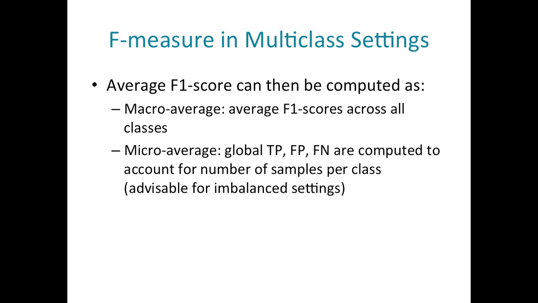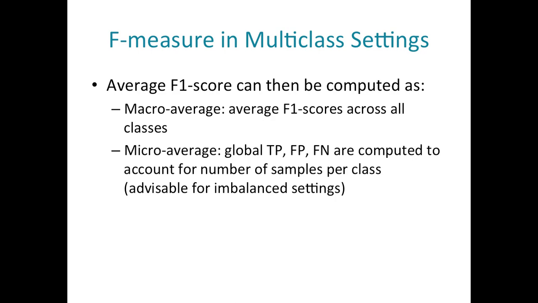The micro average takes the actual true positives, false positives, and false negatives across all the different settings. This is done so that we can account for the actual number of samples that we have per class. Micro averages are mostly used in cases where we have imbalanced settings.